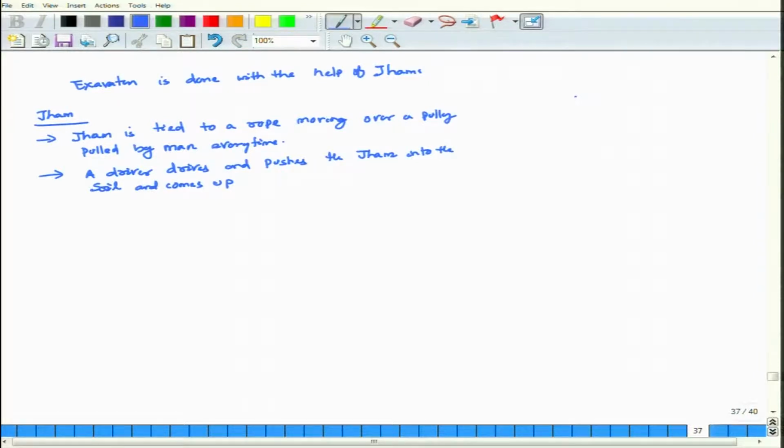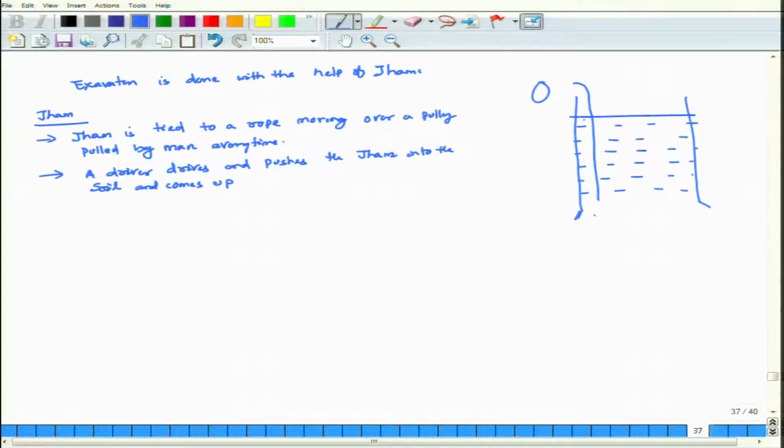I am just explaining, you can get a view here. Suppose this is a well, the cutting edge will be always outward, there is water here. People are sitting outside here, one person will go inside and they will cut it around the periphery.